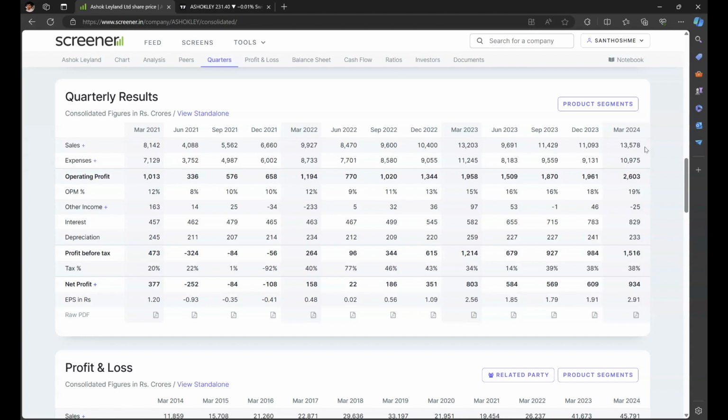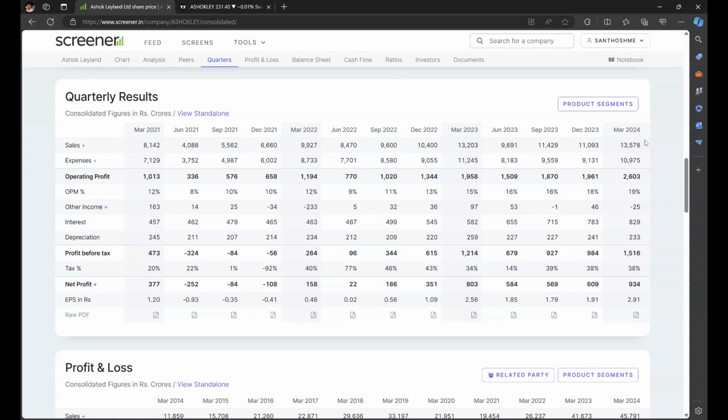The issue with a cyclical company is that you need to time it very well to make a profit out of it. So if you are not very good at timing the stock, better avoid it. This company, if you see, the sales are in an increasing trend, especially in the recent quarters, especially the last 1 year, I would say.